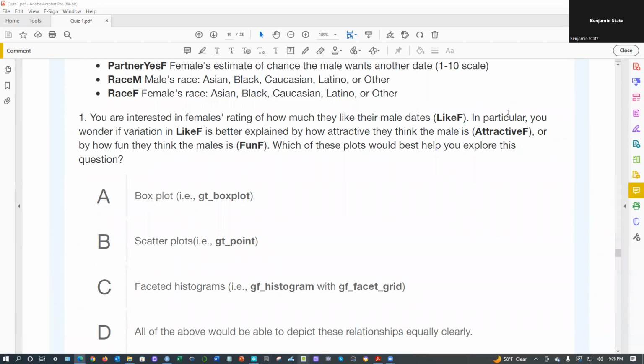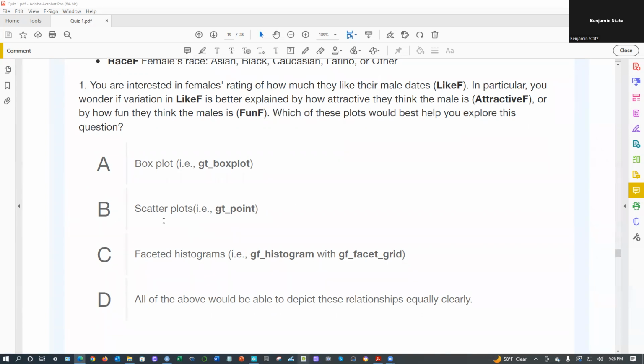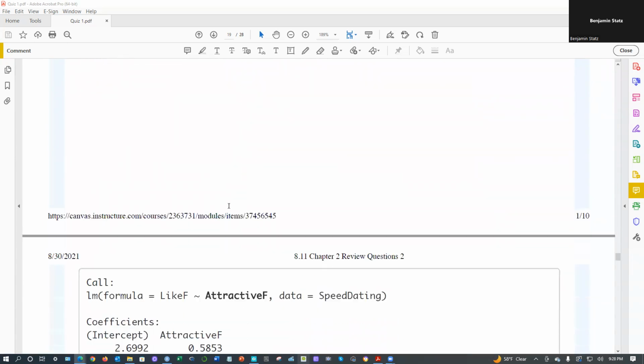Like F versus attractive F, how much they like their male dates explained by attractive F or fun F. Doesn't matter which one, you use a scatter plot. Same as the question we had last time.